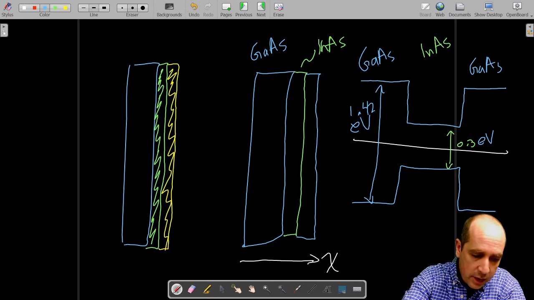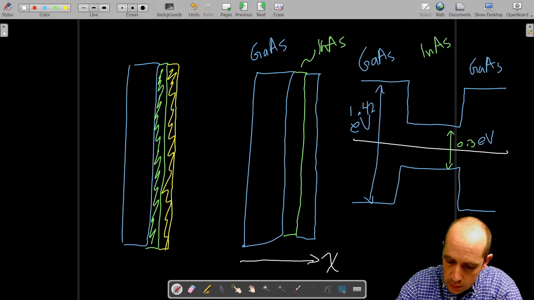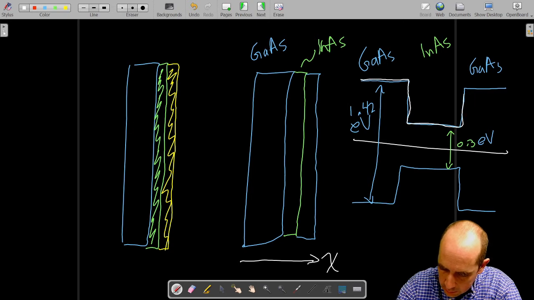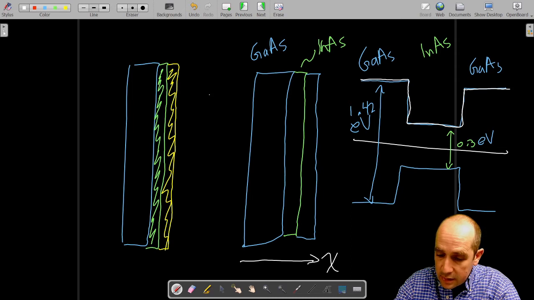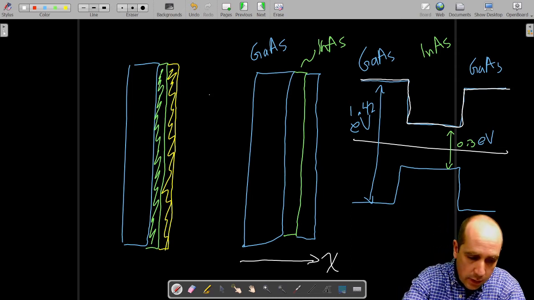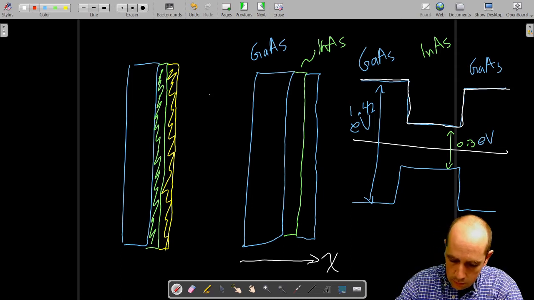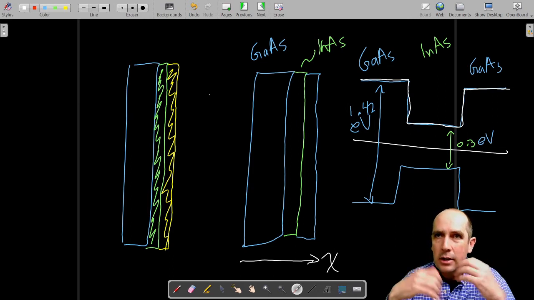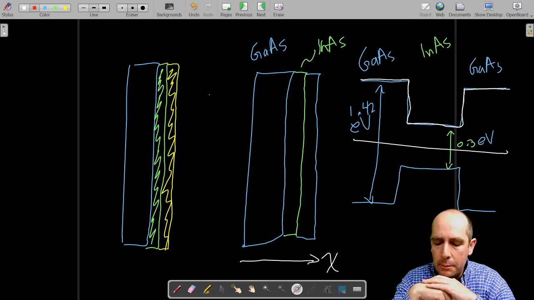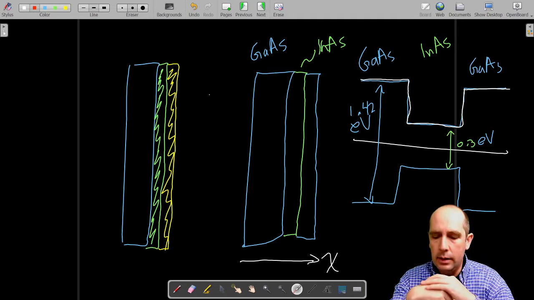So if you look at these energy restrictions, it so happens that this area over here, this area that is right here, looks exactly like one of the square wells that we discussed at the beginning of the course. So these square wells are not just an academic abstract system.